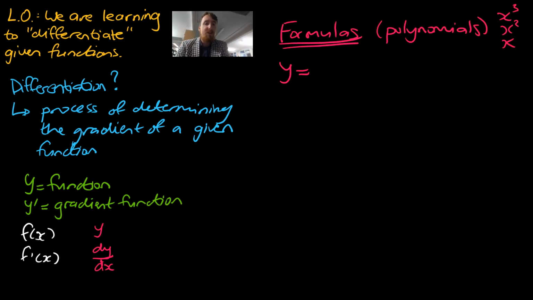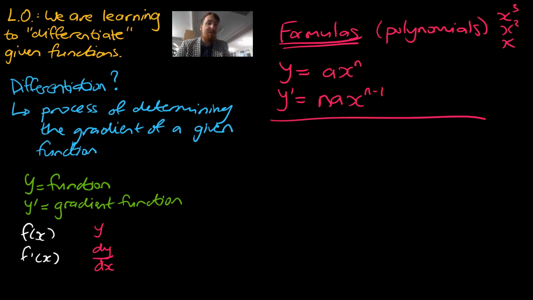So if your polynomial looks like this, y = a times x to the power of n, so we've generalized this formula, that means the derivative of y will be equal to a times n times x to the power of n minus 1. What this means is we move the power to the front as a multiplication to get the na, and we then reduce the power by 1, n minus 1. And we'll get into some examples. So that's the first lot of formulas.